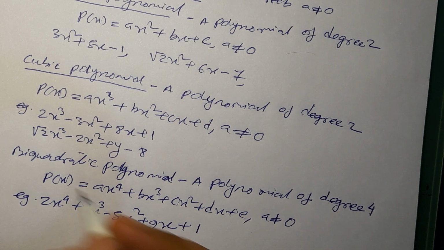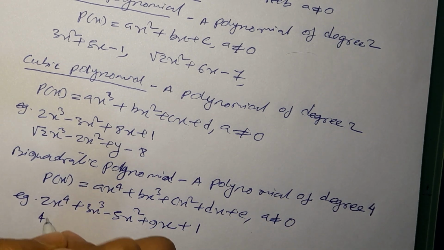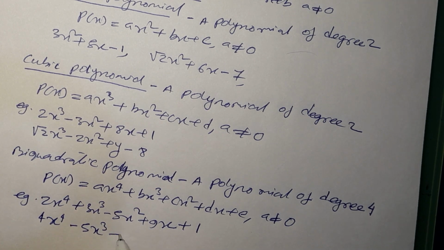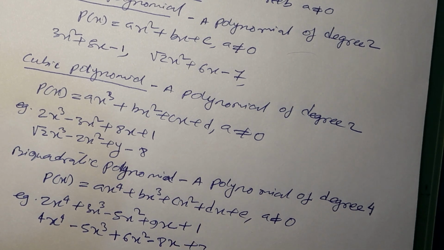Another example: 4x to the power 4 minus 5x to the power 3 plus 6x square minus 8x plus 3. There are lots of examples you can write by yourself, only you have to maintain the degree.